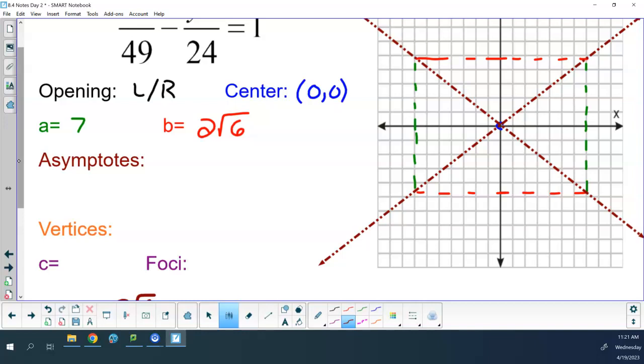So my two asymptotes here are going to be y equals positive 2 square roots of 6 over 7x plus 0. Don't have to write it. And y equals negative 2 square roots of 6 over 7x plus 0. In this case, you can, but that's not every single case.